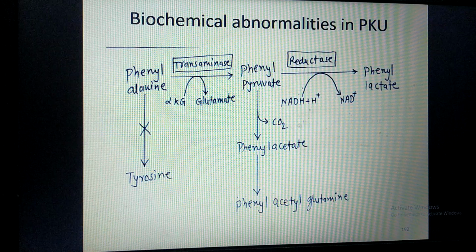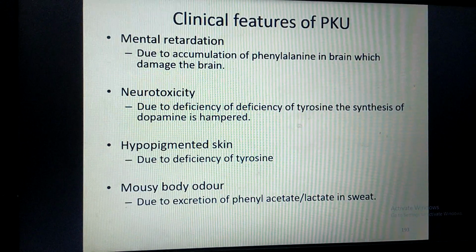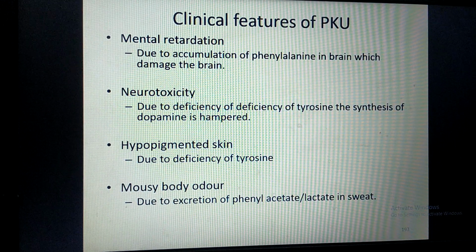So due to blockage of the pathway which converts phenylalanine to tyrosine, these are the alternate pathways and intermediates which get accumulated in the body: first is phenyl pyruvate, then phenyl lactate, phenyl acetate, and phenyl acetyl glutamine. And due to accumulation of these substances, it leads to a disease called phenylketonuria, which has the following clinical features.